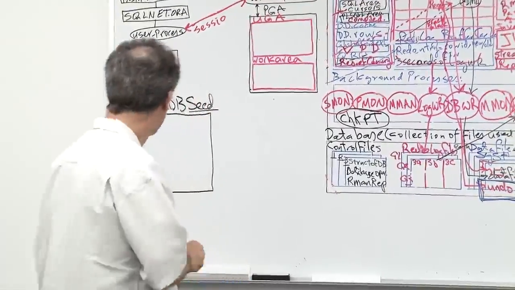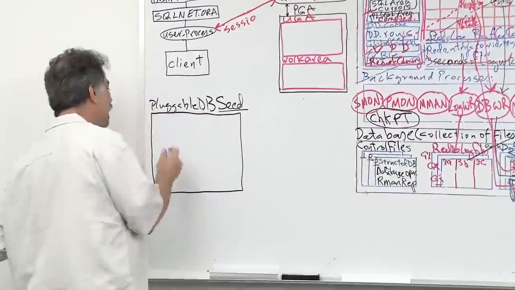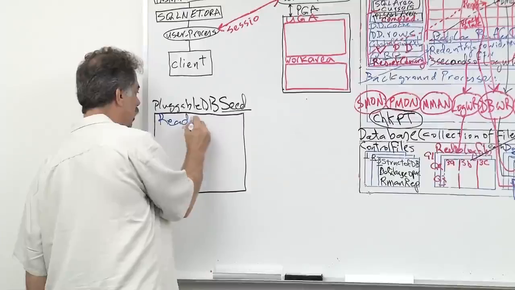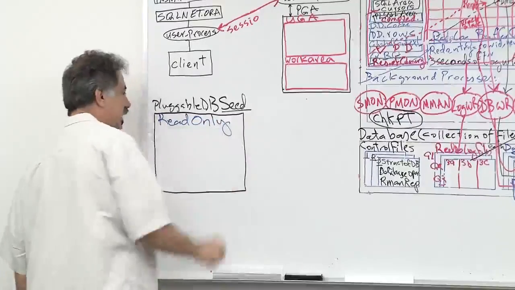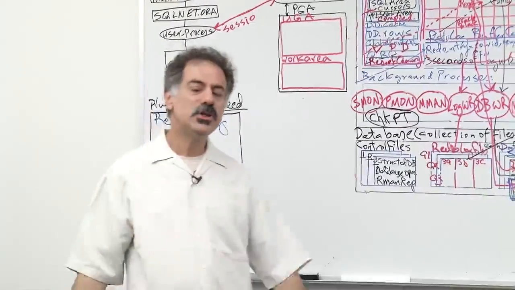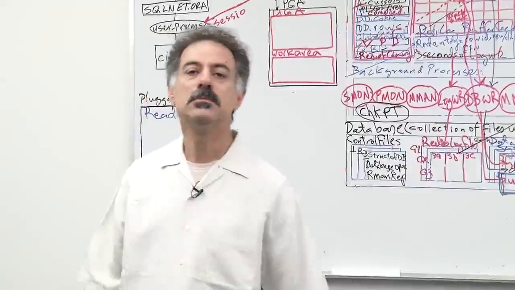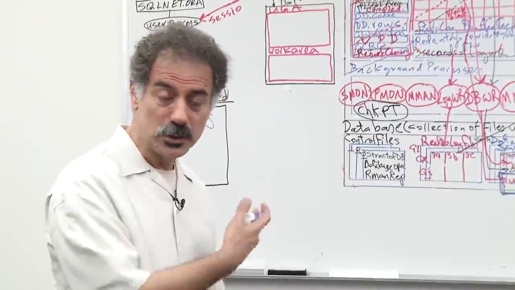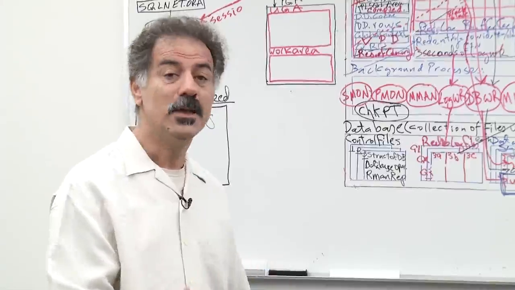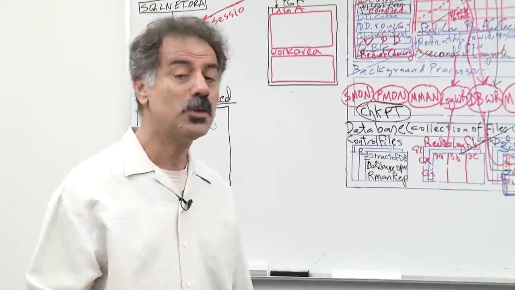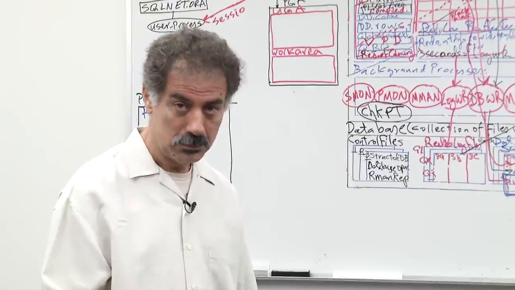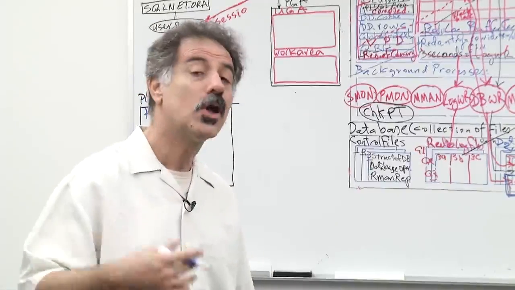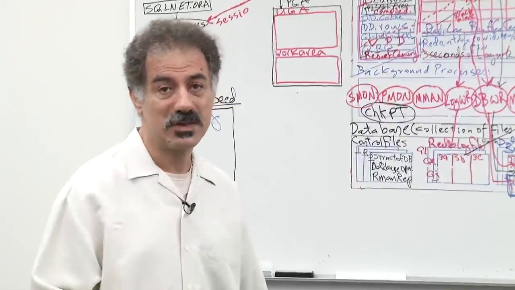This seed pluggable database is read-only. That means you cannot make any changes to this seed database. You can create another pluggable database using the seed. Then you can customize the pluggable database you create. Okay? And then you can use that as a template for building other pluggable databases with your specification.